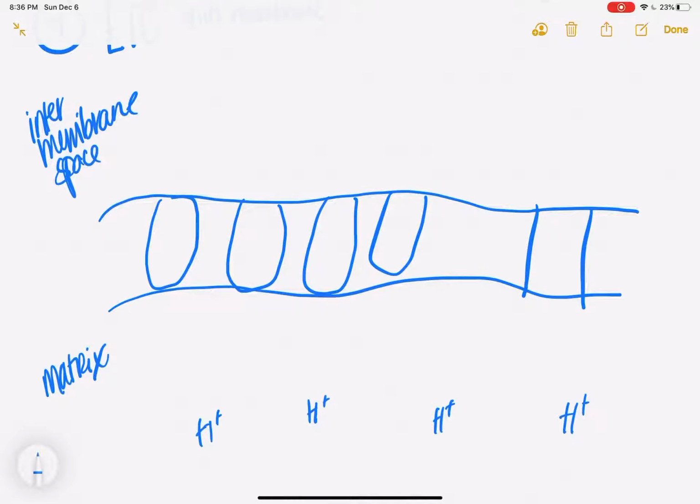Okay? And as these electrons are being dropped off, we've got NADH dropping off electrons. We've got FADH2 dropping off the electrons.